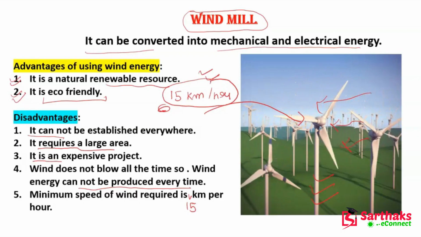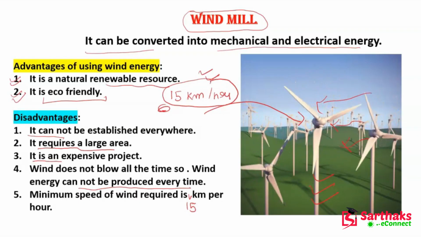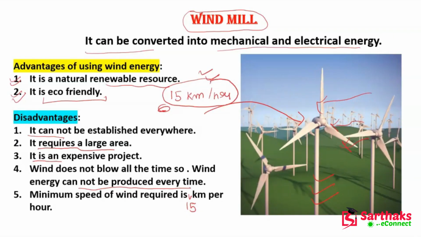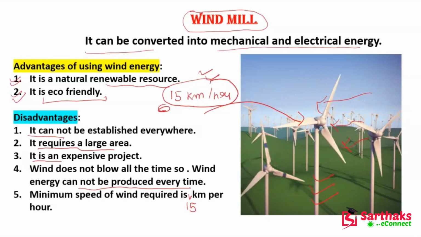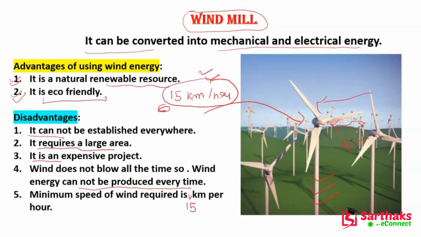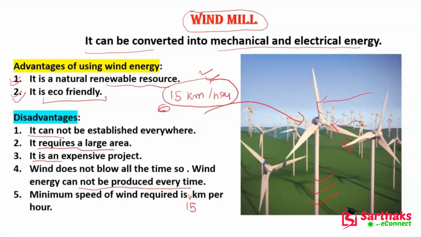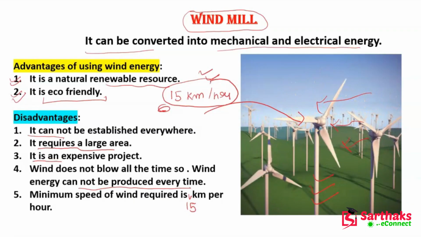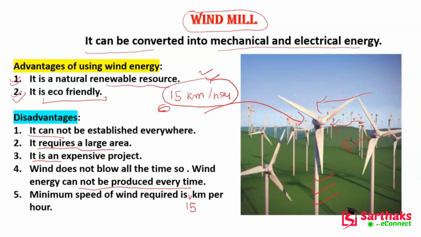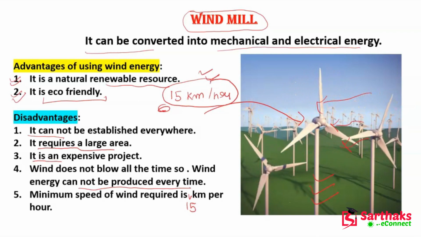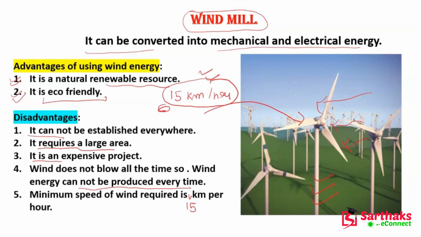Getting my point? If I talk about disadvantages, first, it cannot be established everywhere because it requires a large area. It requires some space. Second, to set up these types of plants, we need lots of money. So it's an expensive project. Fourth point is wind does not blow all the time. So wind energy cannot be produced every time.